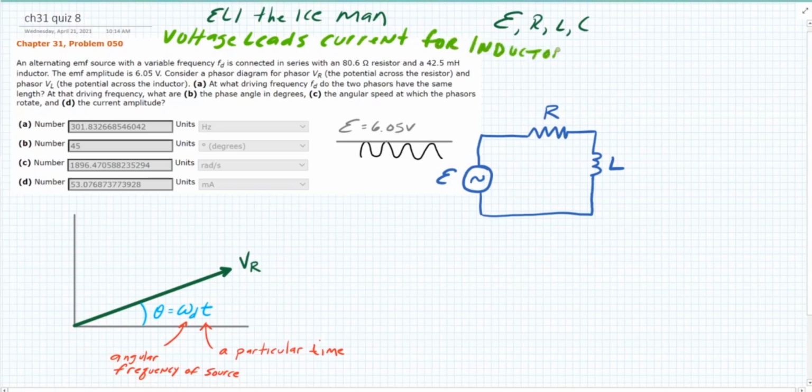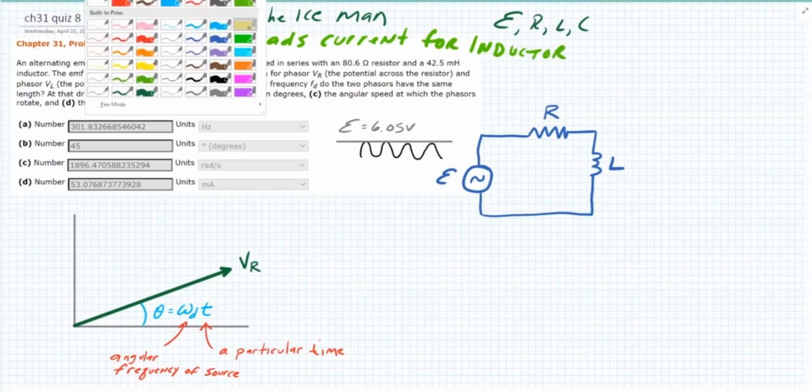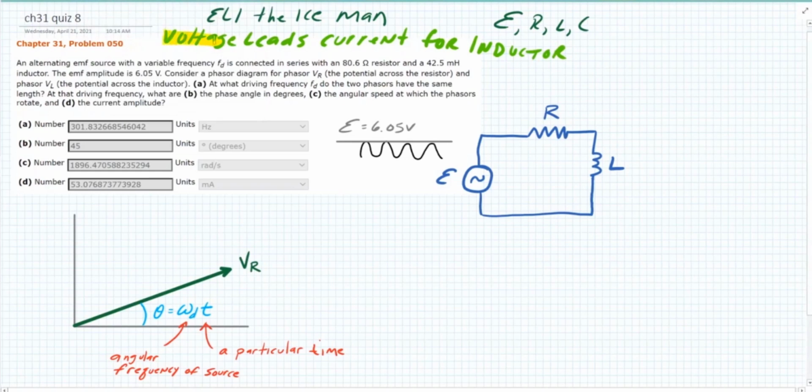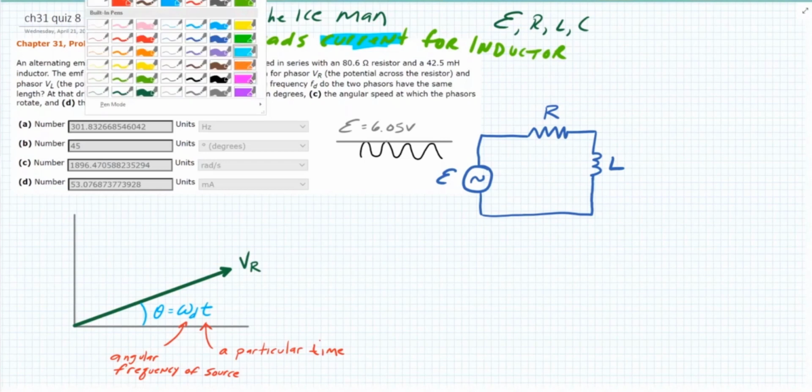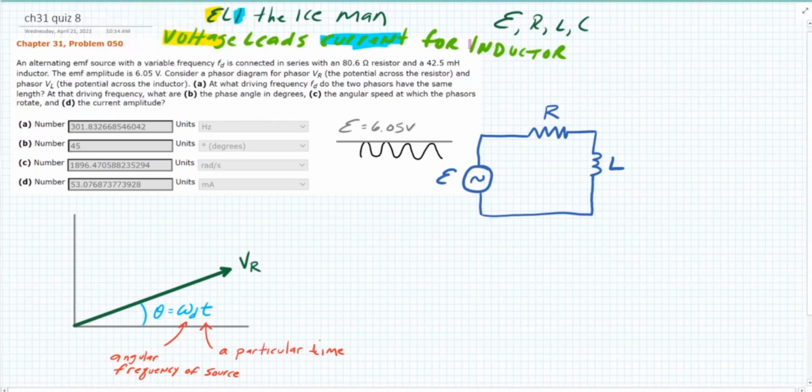Voltage leads current for an inductor because this is voltage, and voltage is the E in ELI. This is current right here, the I in ELI. We're referring to the voltage and current relationship of an inductor, which is that L.